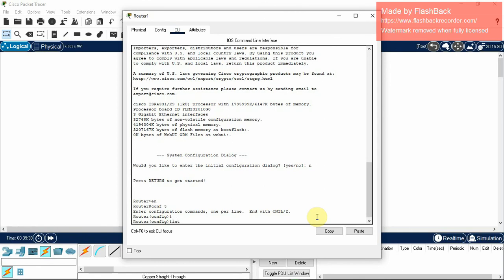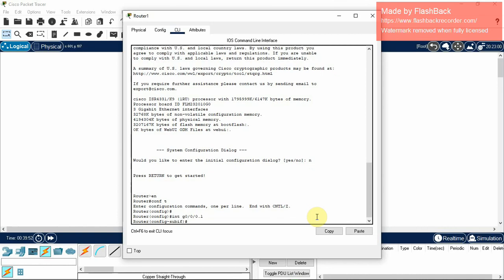So the sub interface of the first VLAN, which is VLAN 10, is going to be G0/0.1, which represents the first network. And then now encapsulation is dot1Q, which is VLAN 10.